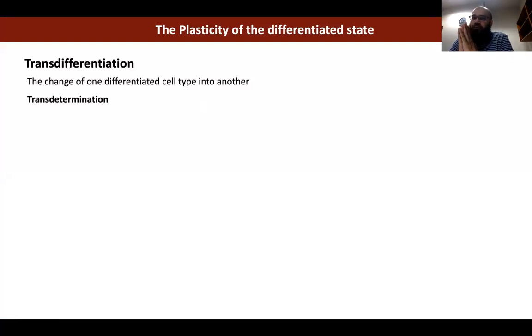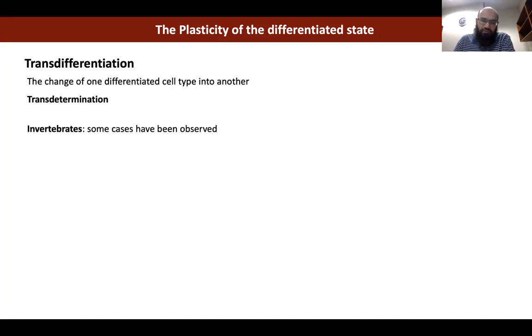Transdifferentiation is also an example of a reversal of a differentiated state, because in order for one differentiated cell to convert into a completely different differentiated cell, it first needs to be de-differentiated, and then it acquires the differentiation gene expression program of that other cell type.